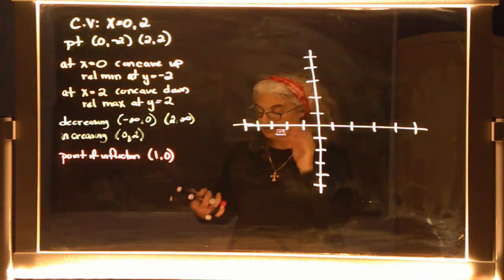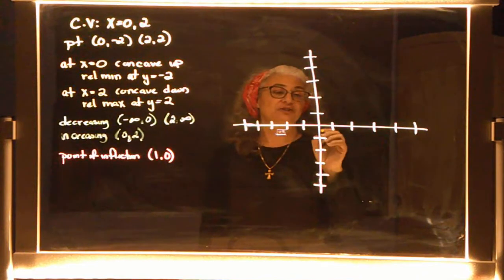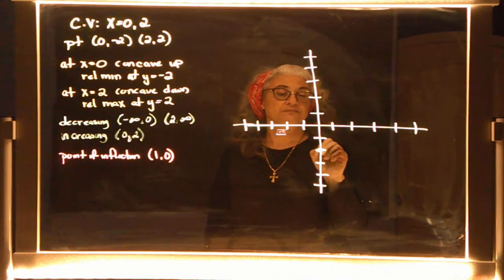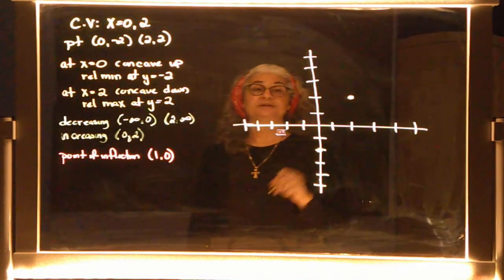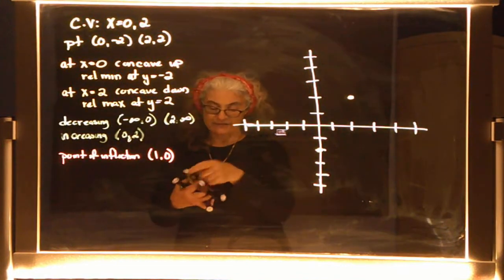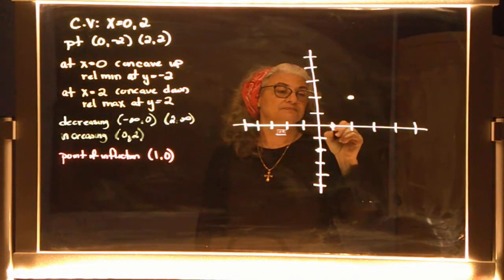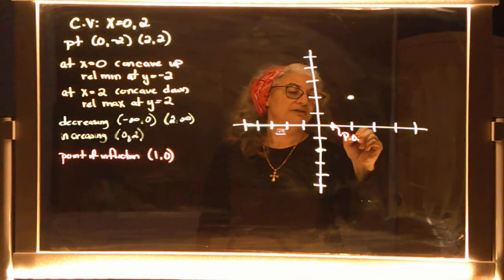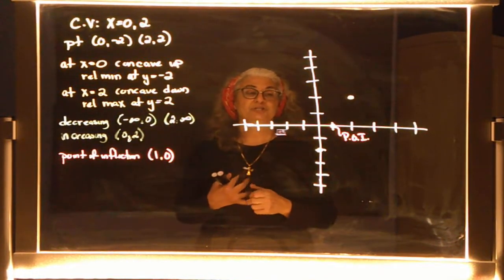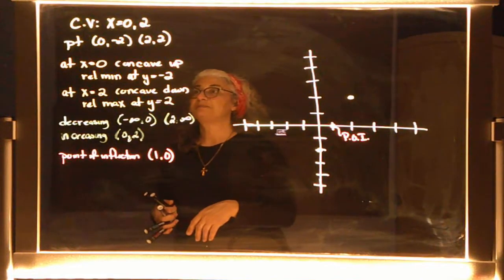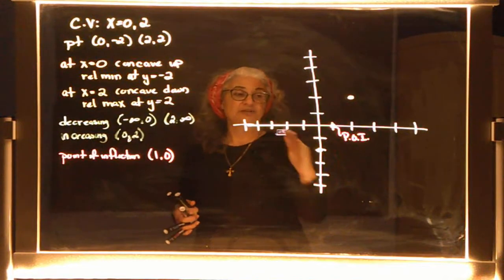So here's the deal. Let me start putting things on our graph. We have the points 0, negative 2 and 2, 2. Right? We actually have the point of inflection at 1, 0. And point of inflection, POI. Got it? And we determined from negative infinity to 0, it was decreasing.